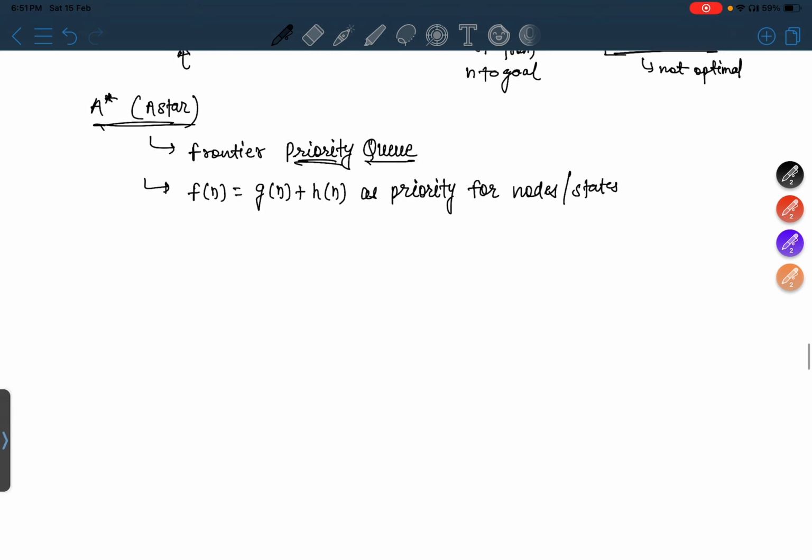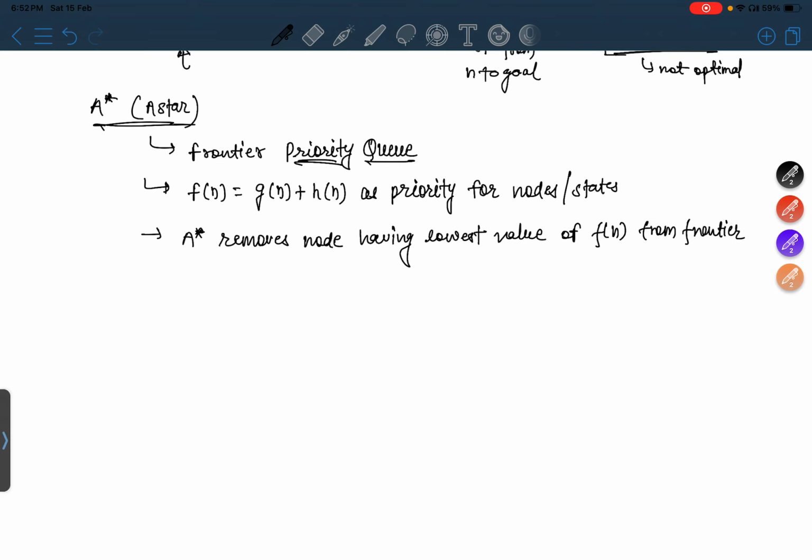So how does it remove? A star removes the node having the lowest value of f of n from the frontier. So what does A star do?